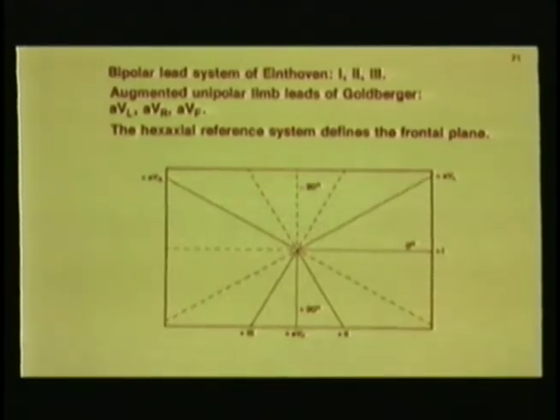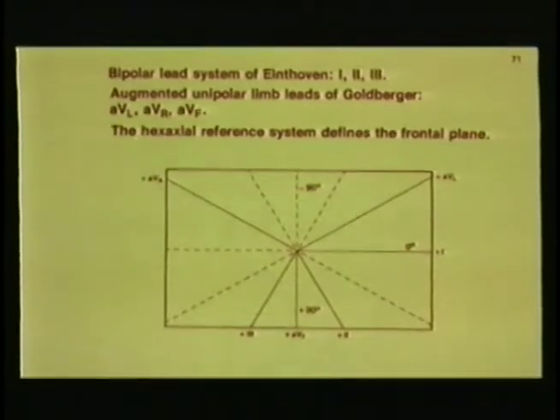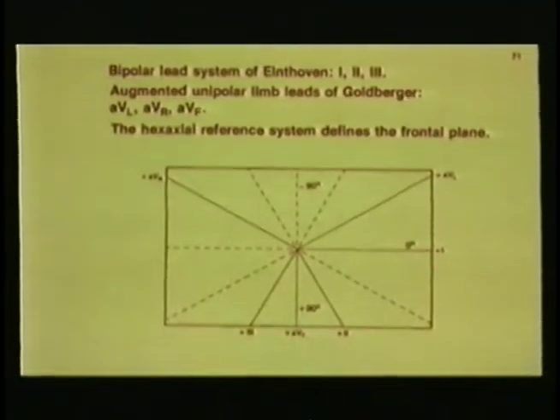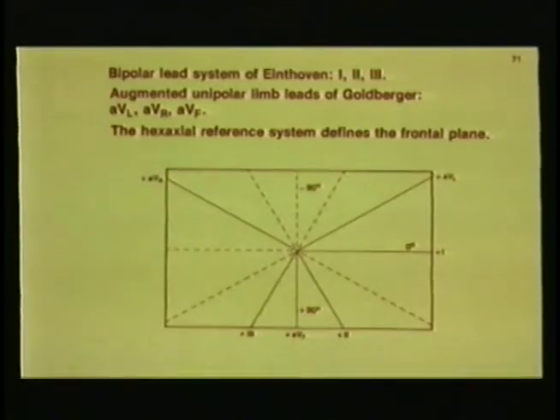The bipolar lead system of Einthoven establishes leads 1, 2, and 3. The augmented unipolar limb leads of Goldberger establish leads AVL, AVR, and AVF. The hexaxial reference system describes the frontal plane.